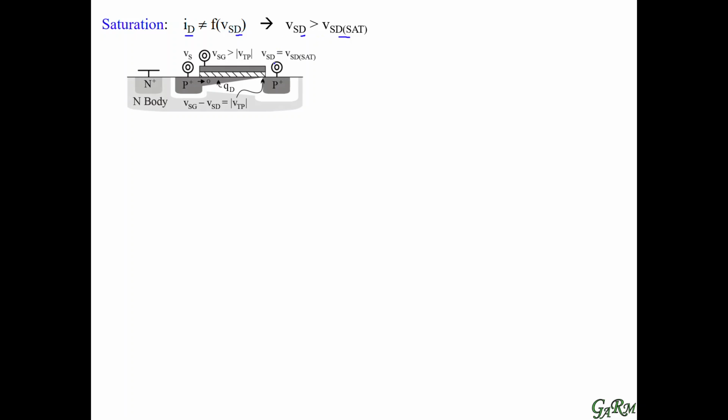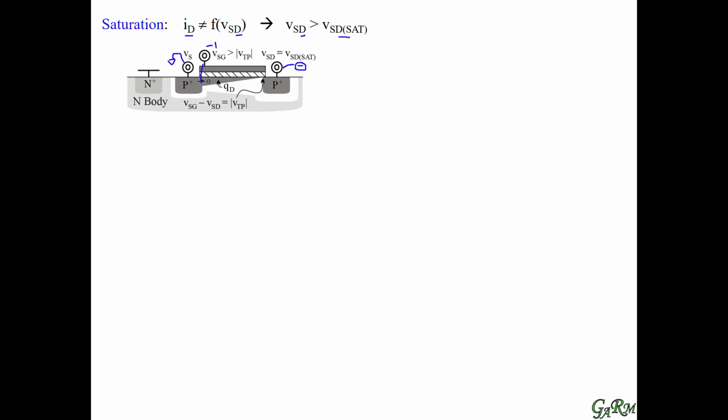So we also have saturation, and that's when the current is insensitive to that terminal voltage. And basically what we're saying is that that terminal voltage is greater than some saturation level. Let us look at what we mean by that. So again, we can ground this side, we apply negative voltage here, and now we're applying also some sort of negative voltage on this hand side.